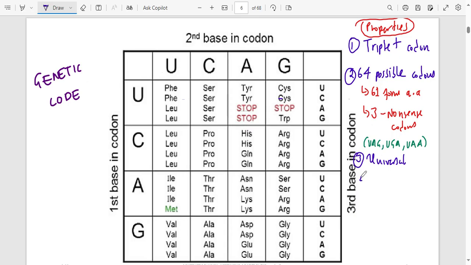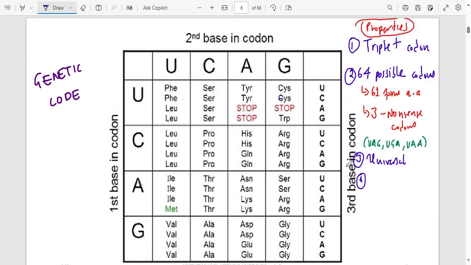Okay, universal. The fourth property that I want you to know is that we already know the start codon. I already mentioned that the start codon in eukaryotic cells and prokaryotic cells is AUG. In eukaryotic cells, it will form methionine. In prokaryotic cells, it will form formylmethionine. Don't forget that. And then also take note of the stop codons.